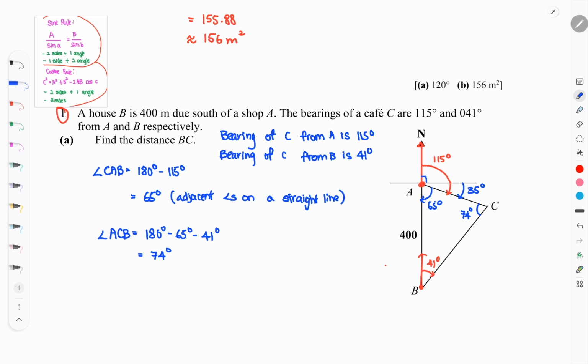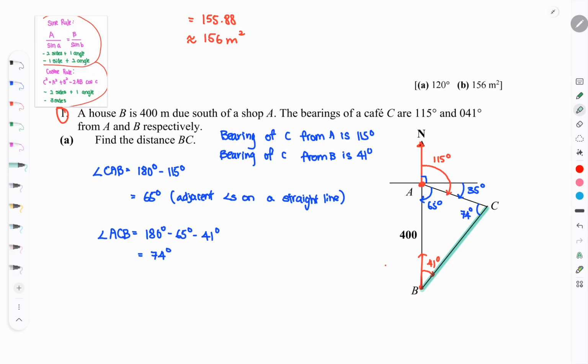Find the distance of BC. So where is BC? BC is this one. I will highlight it in green color. So I know I can't really use Pythagoras because there's no right angle triangle.